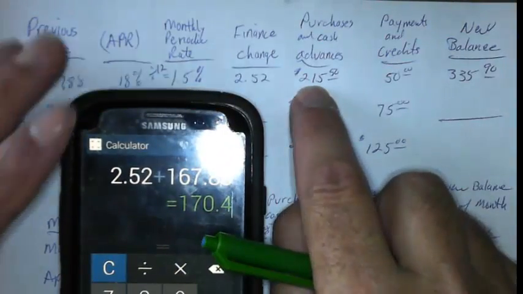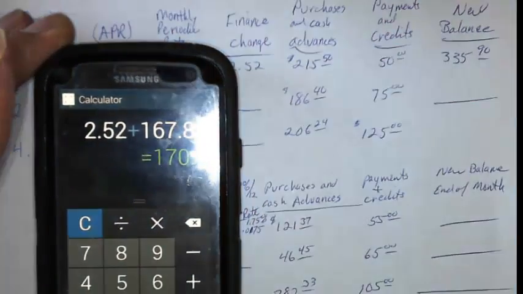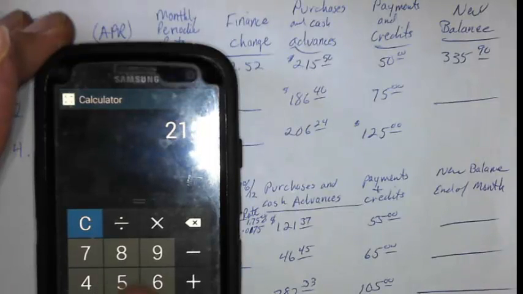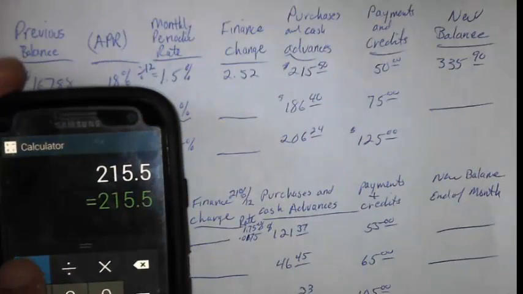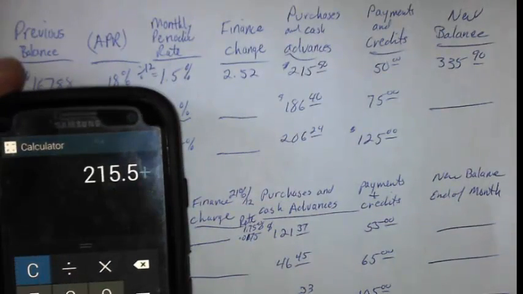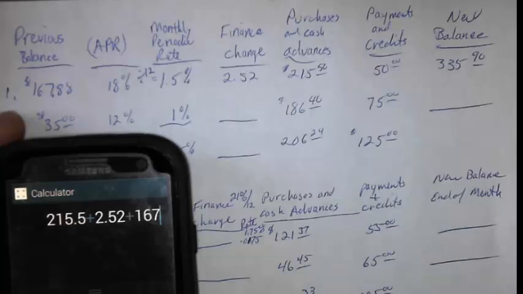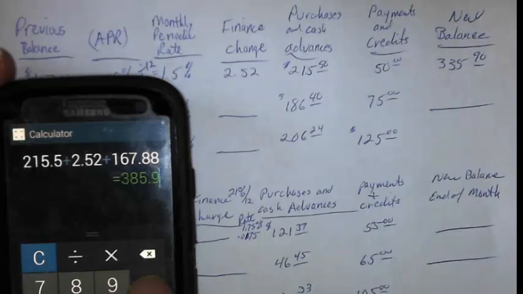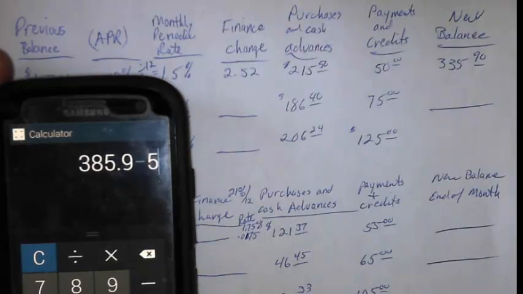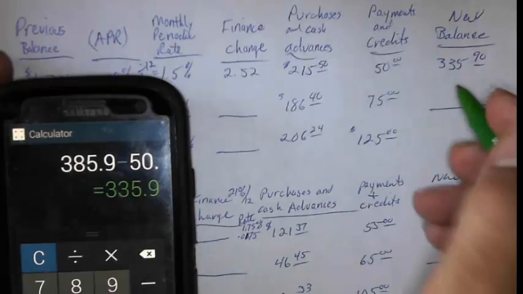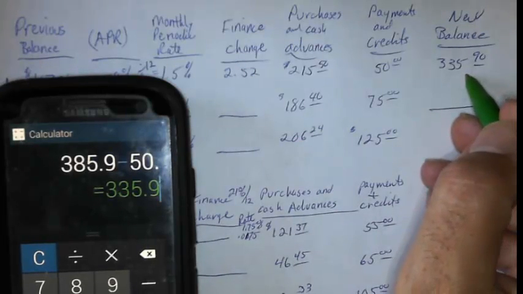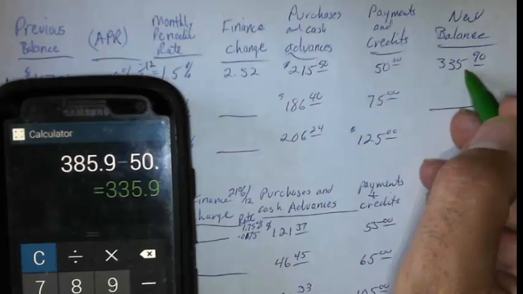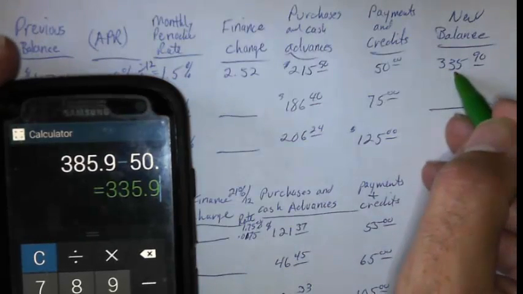Okay, we made some additional purchases, so we would add those to our outstanding debt, plus the 2.52, plus 167. Okay, but we paid some, so we made a payment, $50, and we would get our new balance to start our account for the next month. And we're going to pay a finance charge on anything that's still outstanding.